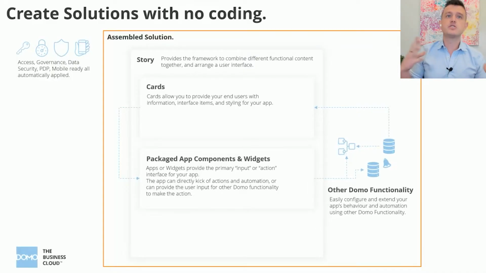And so to be able to assemble a solution like this, you need a few different parts. And really the story provides you the framework, the jumping off point for building the solution that you're looking at. And on that story, you build out the UI, the user experience that you want your users to have when they are trying to do these things, when they're trying to take this action, or when they're trying to automate these business processes.